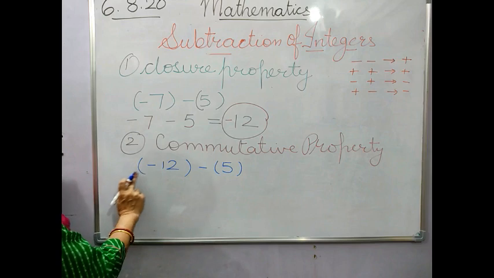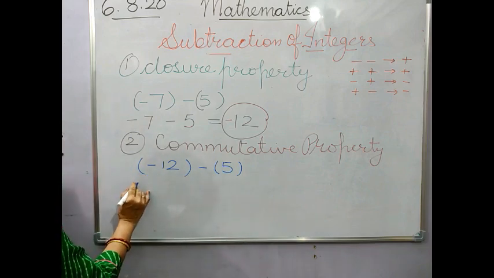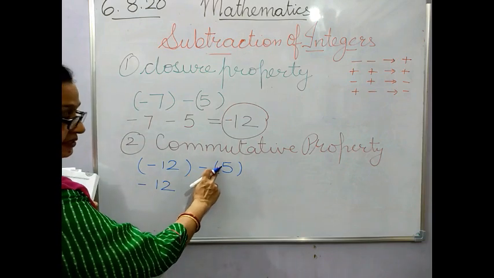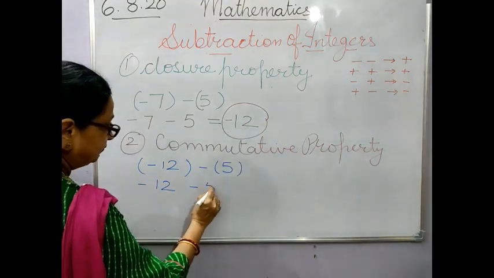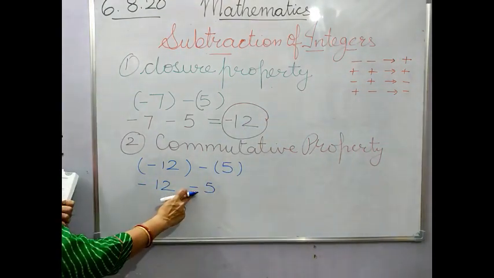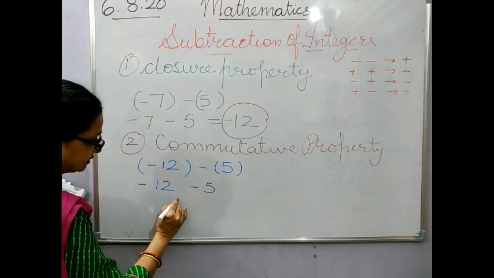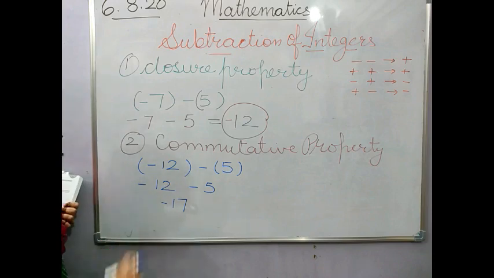In this, now we will open the bracket. Outside it is plus, inside it is minus, so it will be minus 12. Outside the bracket it is minus, inside it is plus. Minus and plus is minus. Both the signs are same, that means we will add. 12 plus 5 is equal to 17, and since we have added, we will put the same sign.